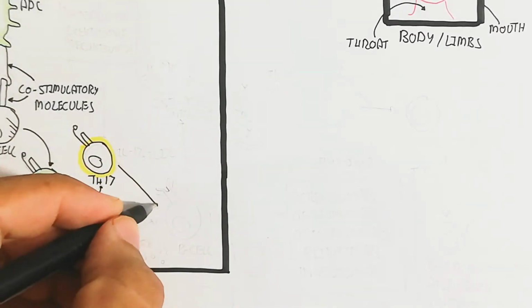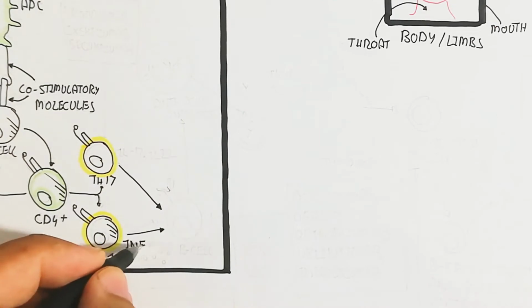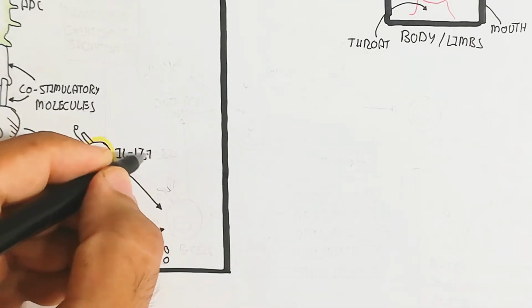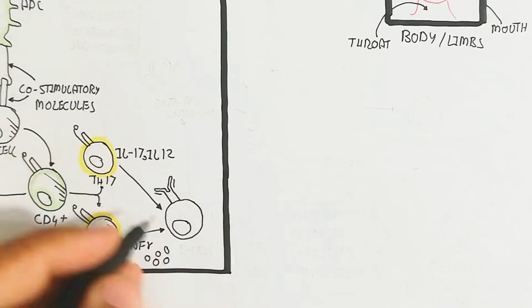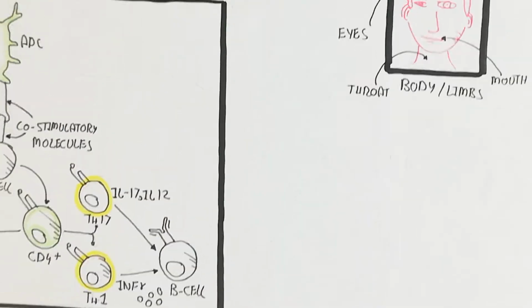After the production of interferon gamma and interleukin 17 and 12, the B cell will proliferate after recognition of the antigen.